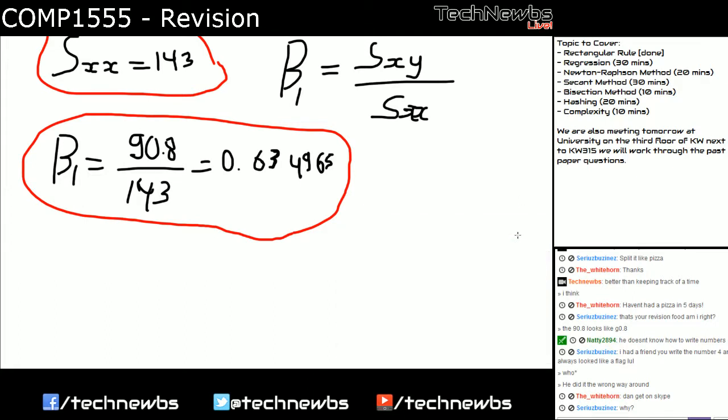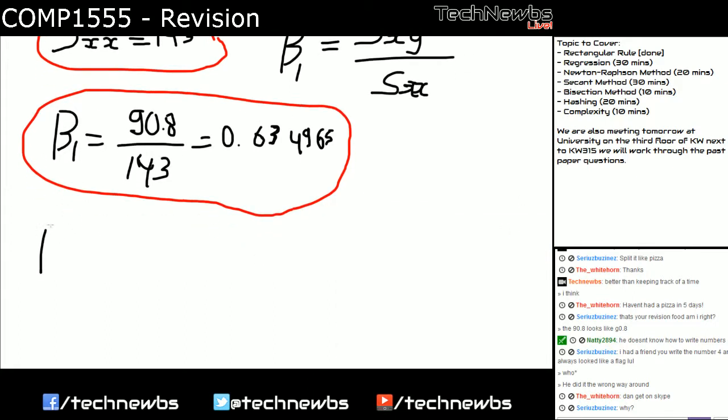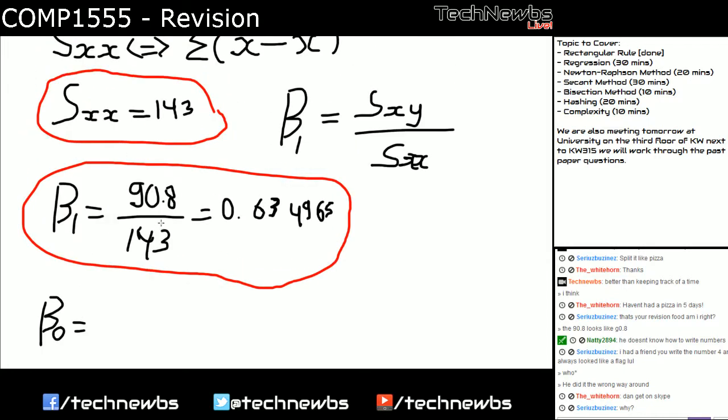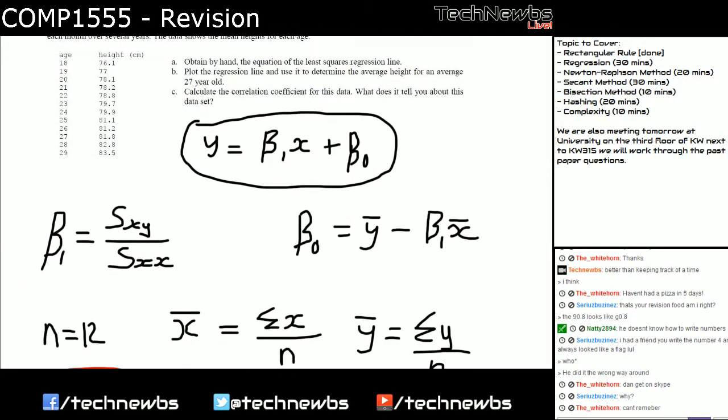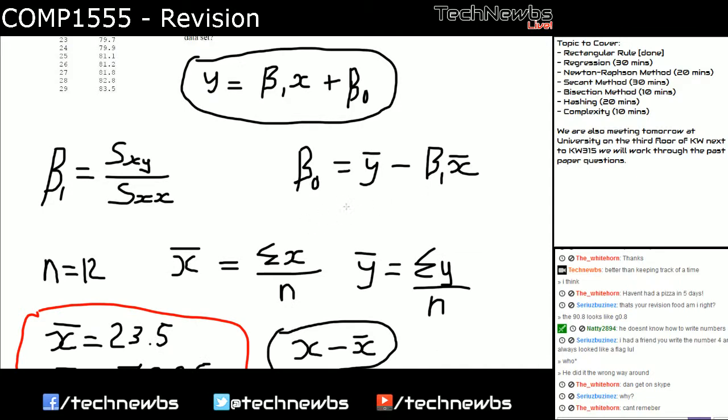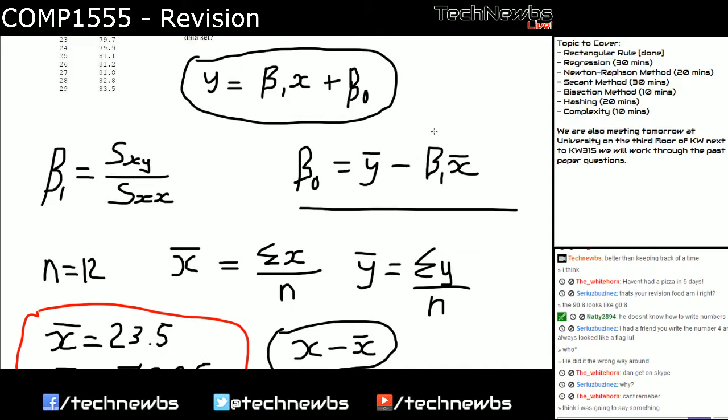So okay, this is how you get B1. Now to get B0, I mean beta 0. I keep saying B, but it's easier to say anyways. So to find B0, we need to do the formula that I showed up here. So it's the mean of y minus beta 1 times the mean of x.